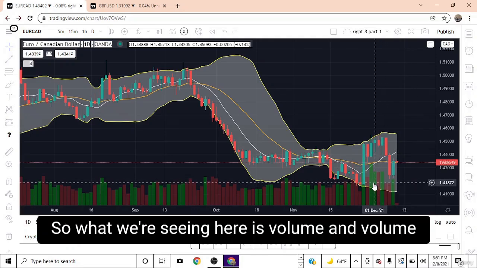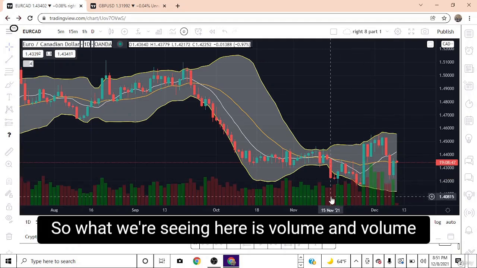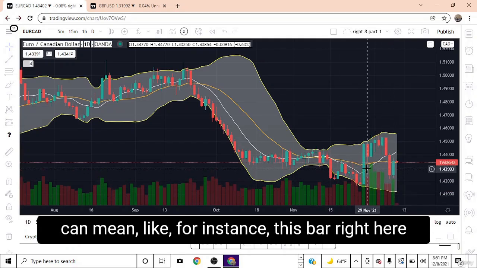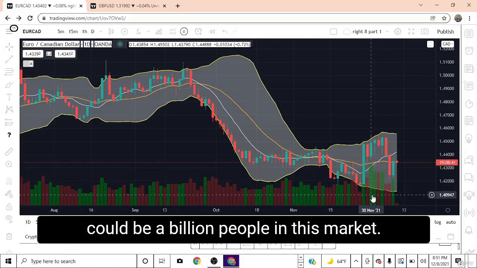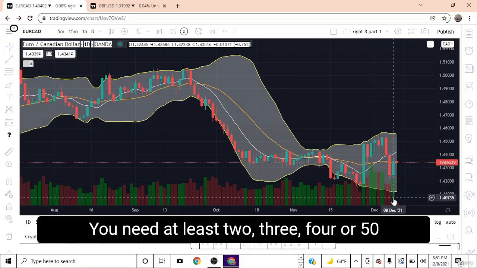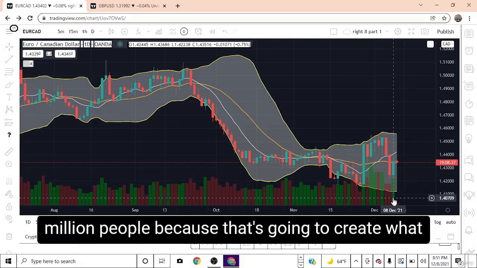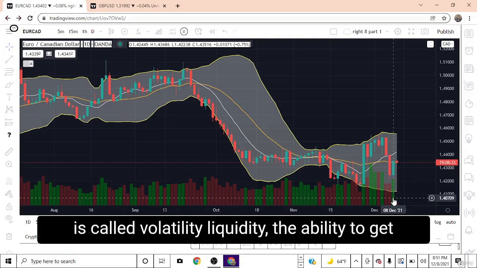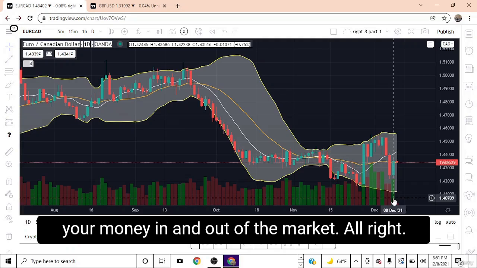So what we're seeing here is volume. And volume can mean, like for instance, this bar right here could be 1 billion people in this market. You need at least 20 to 30, 40, 50 million people, because that's going to create what is called volatility, liquidity, the ability to get your money in and out of the market.